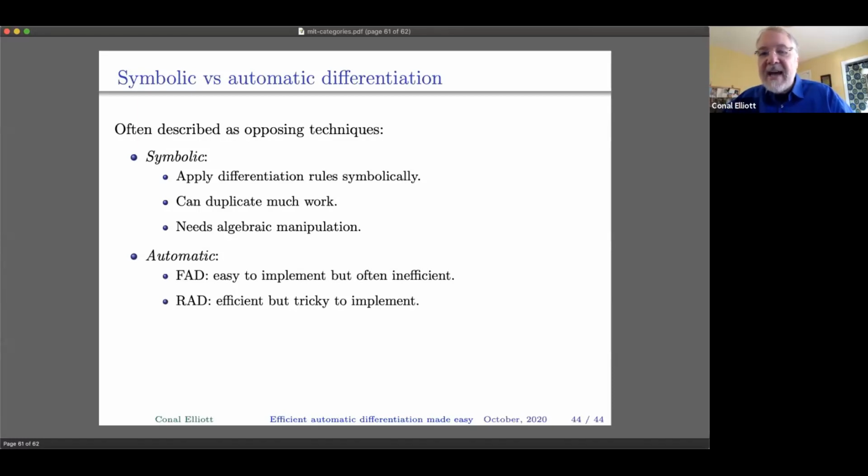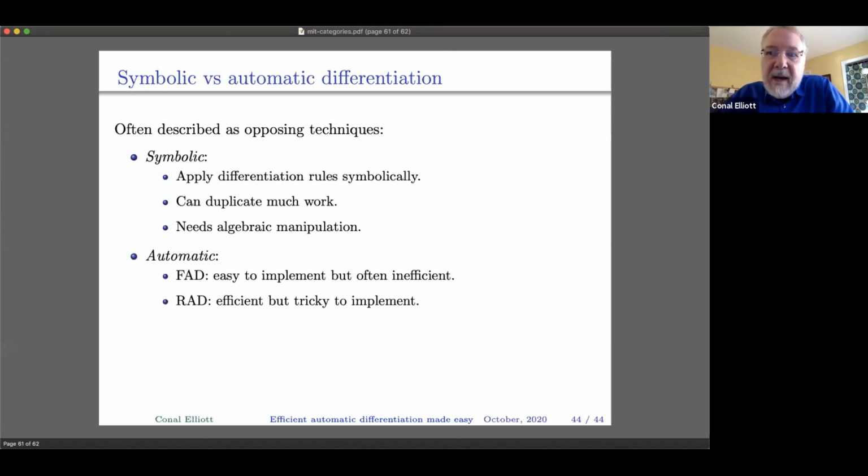Symbolic differentiation has a few problems, and one of them is code duplication. If you like symbolic differentiation, it's very easy to blow up and get possibly exponential, but at least very large blow up and duplication of work. Avoiding that work is very challenging to do efficiently and rigorously. It's usually done statefully, which makes it hard to do rigorously, or it's done rigorously, which makes it hard to do efficiently.